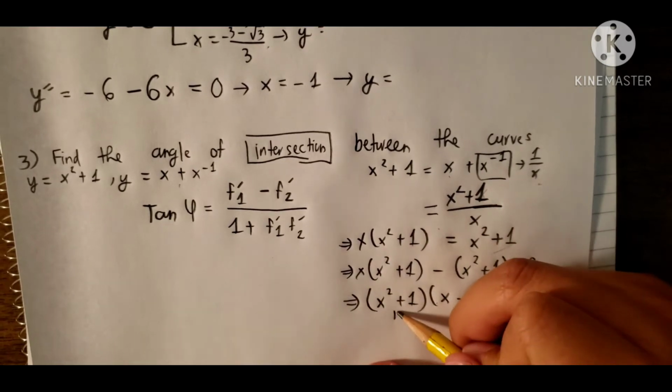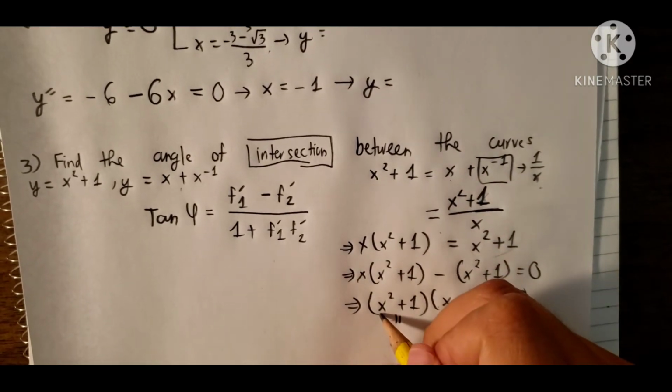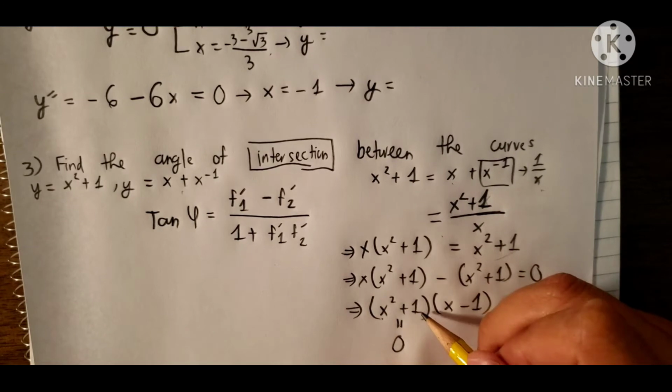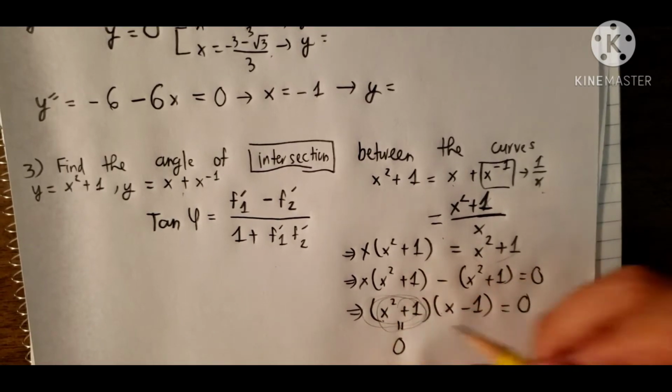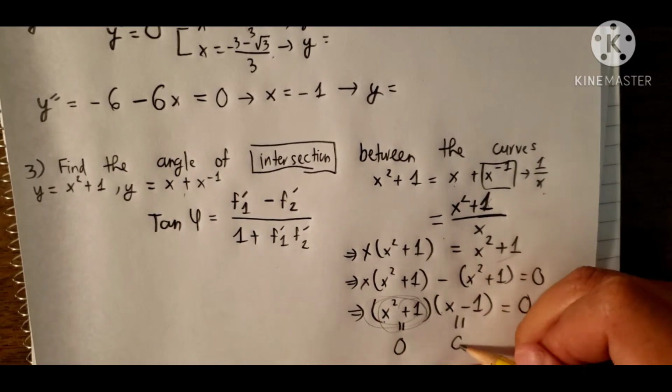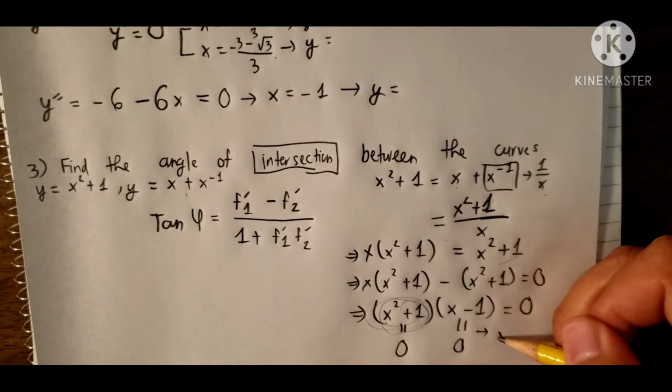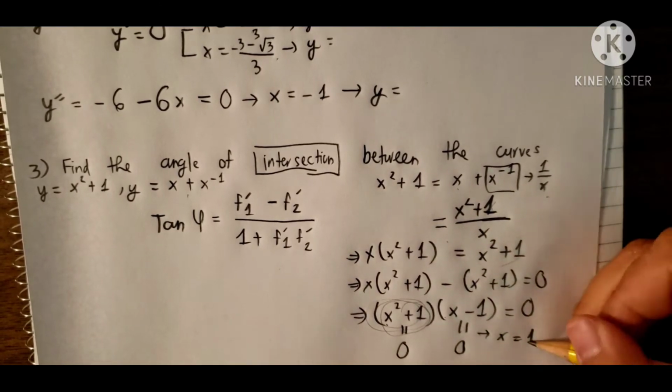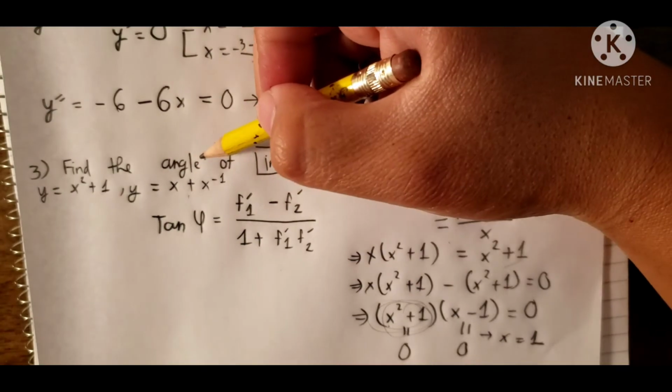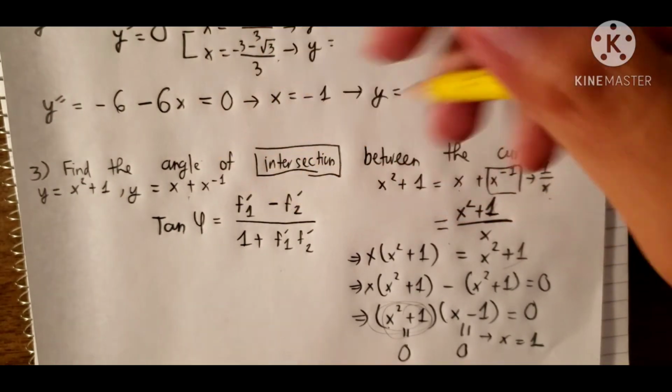So in here s^2 + 1 will not become 0, so we don't have a solution in this one. The next one becomes 0, so we have s equal to 1. So we need to find the integral at s equal to 1.